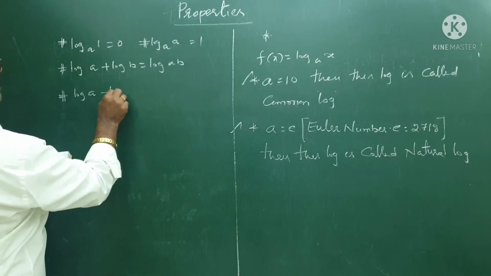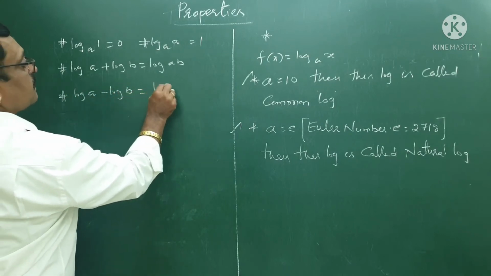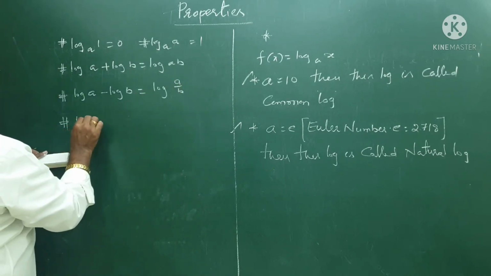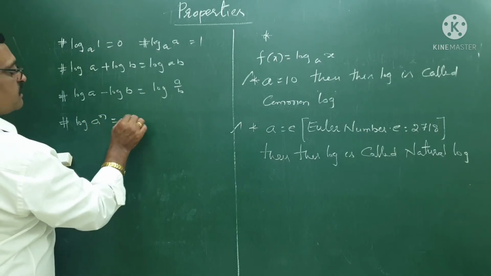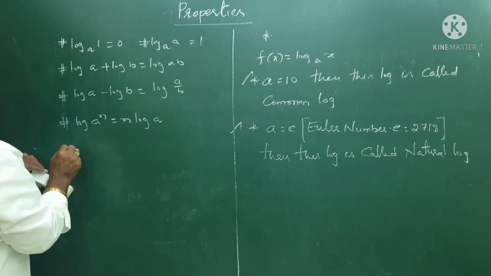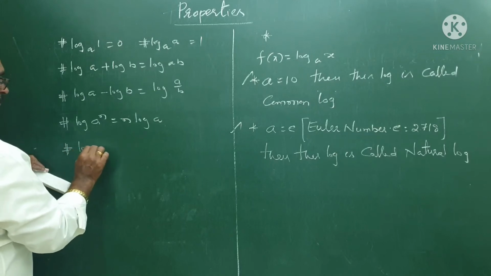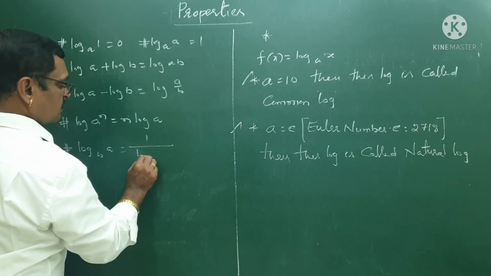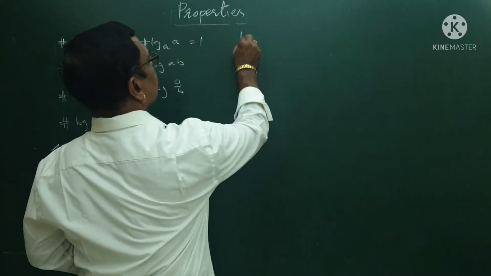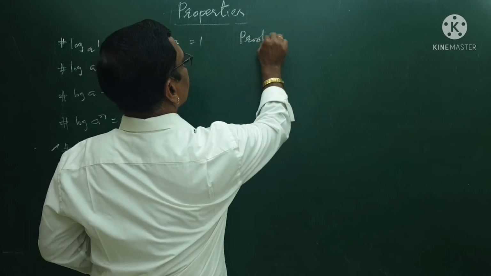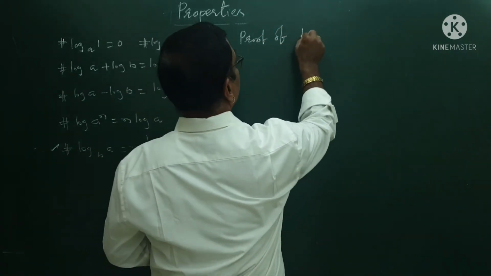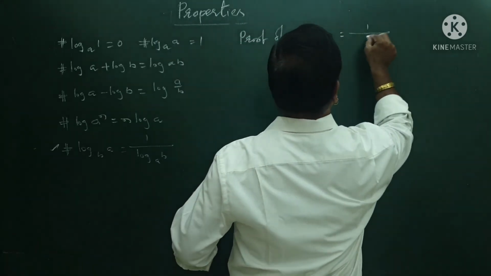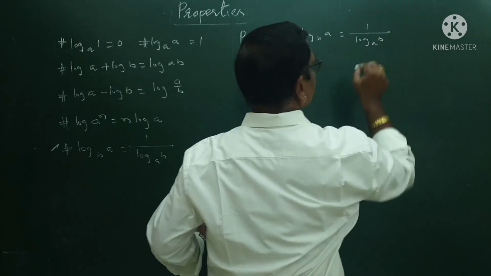Log A minus log B is log of A by B. Log A to the power of n is equal to n log A. Log A base B is equal to 1 over log B base A.